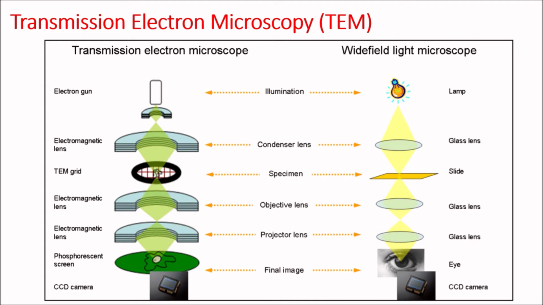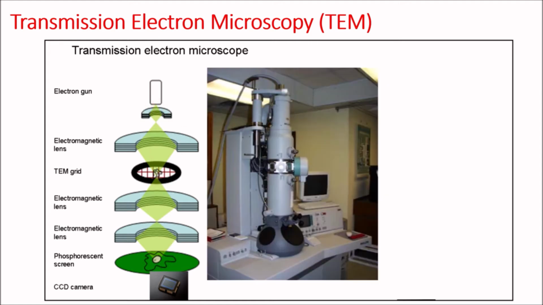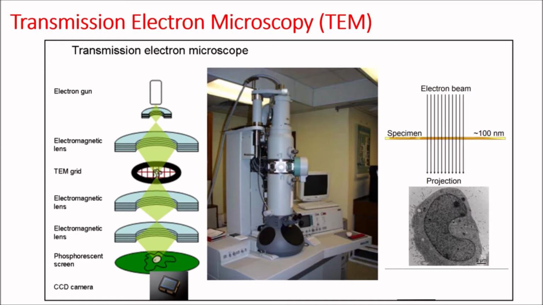An electron beam is formed at the tip of a heated filament. The electrons are accelerated with high voltages and are guided through an electron microscope column by electromagnetic lenses. The beam penetrates and interacts with the specimen and leads to an image. The image is monitored on a phosphorescent screen or specially designed CCD camera and recorded.